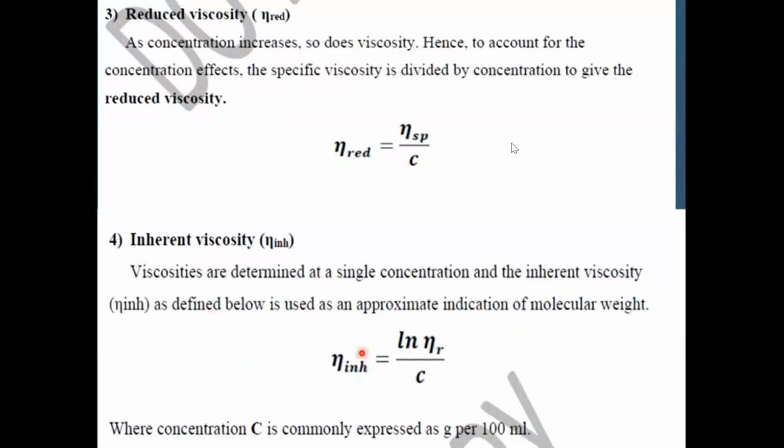So η_inh, that means inherent viscosity, equals ln relative viscosity to concentration. But here, be patient, concentration must be in gram per 100 ml, okay? And I will explain that in the lab, inshallah.